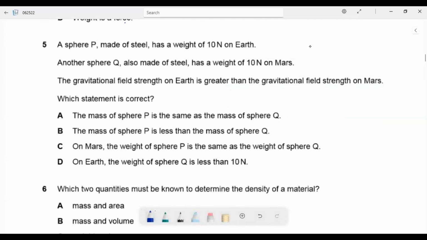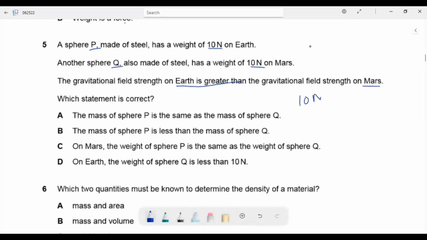A sphere P made of steel has a weight of 10 Newton on Earth. Another sphere Q, also made of steel, has a weight of 10 Newton on Mars. The gravitational field strength on the Earth is greater than the gravitational field strength on Mars. Which statement is correct?